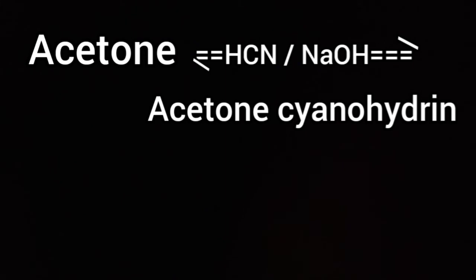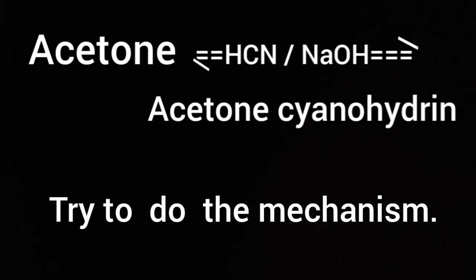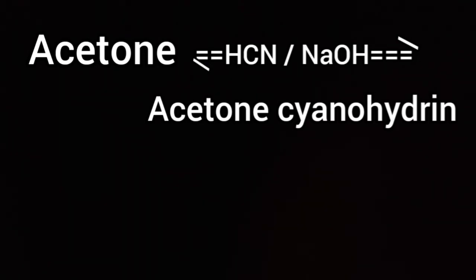In presence of OH minus, the H of the OH group leaves the cyanohydrin and O minus is formed. O minus will form a double bond with carbon and the poor leaving group CN minus leaves, so you'll get back the acetone again. So this is a reversible process.